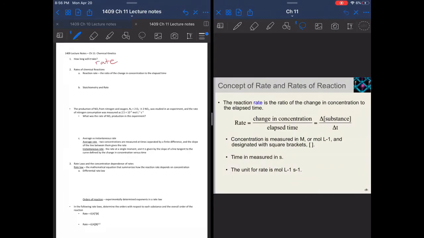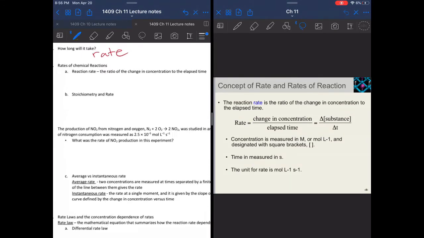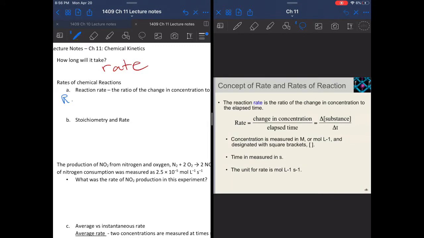So when we think about the rate of a reaction, let's make sure we define that. This is going to be based on concentration. The rate of a reaction is defined as the change in concentration over a certain amount of time. That could be the concentration of starting materials or products, though typically we'll be looking at starting materials. Delta is your symbol for change.